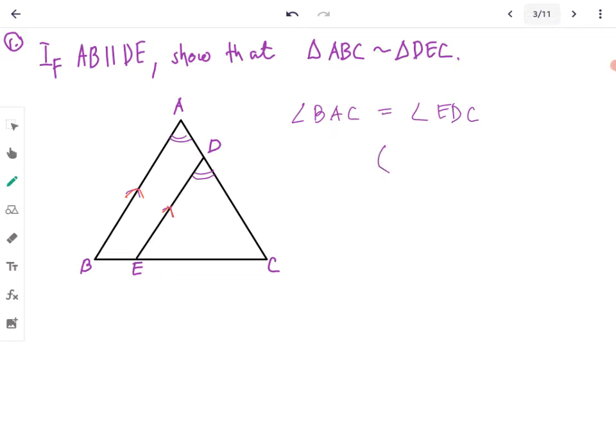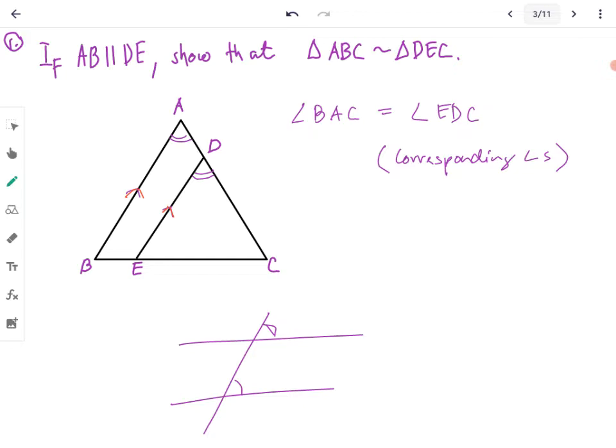Because they are corresponding angles, and corresponding angles are equal. What makes them corresponding angles is the parallelism of AB and DE. Imagine when you have parallel lines cut by a transversal, these will be corresponding angles.